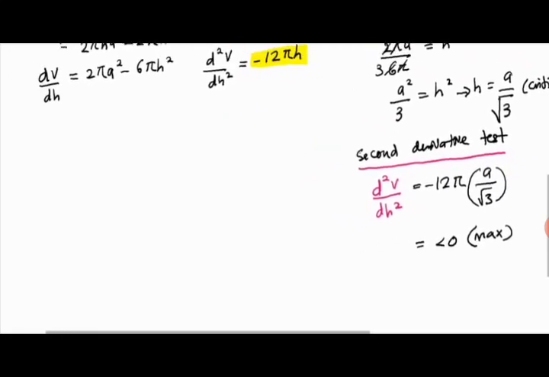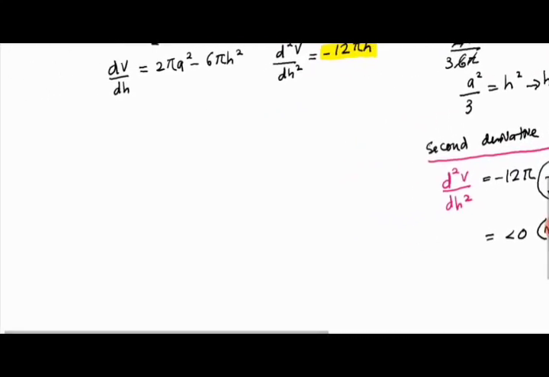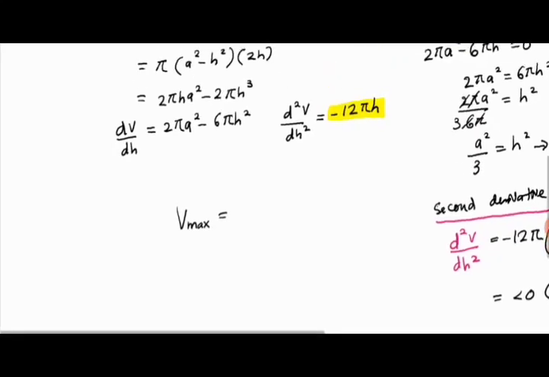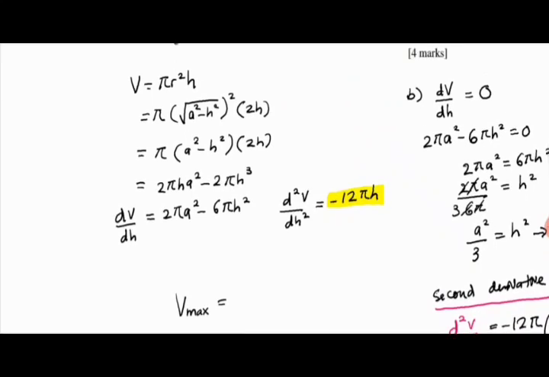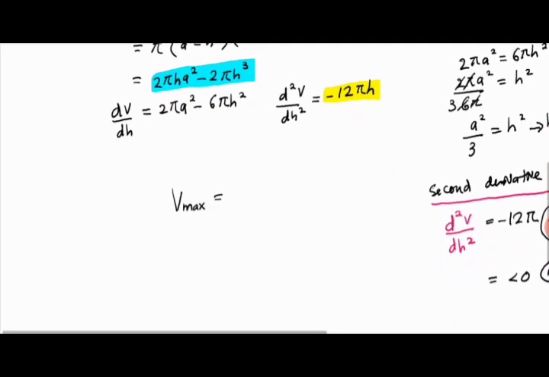So to find the maximum volume, we are going to substitute h equals a over root 3 into the volume formula. Okay, that is the volume formula. Now we are going to substitute.